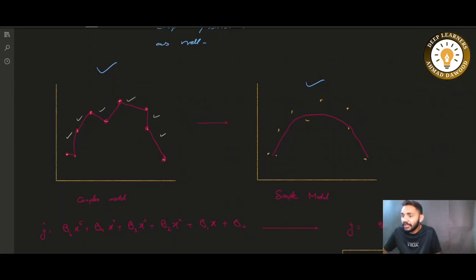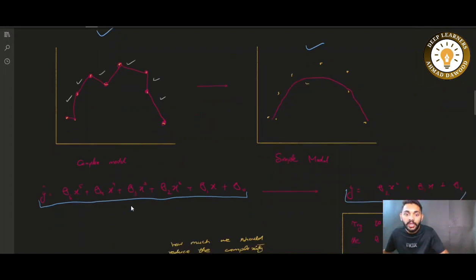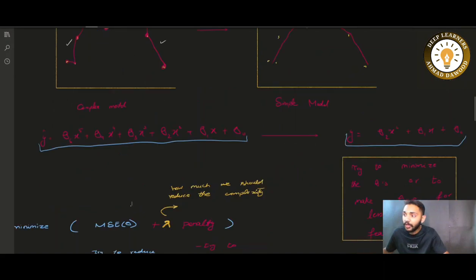Sometimes, when you are using a high degree polynomial model, let's say degree 5, and you do some regularization, you are decreasing your polynomial degree to, let's say, degree 2. You are moving from a complex model towards a simple model.